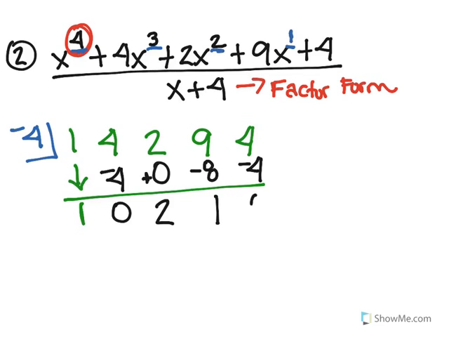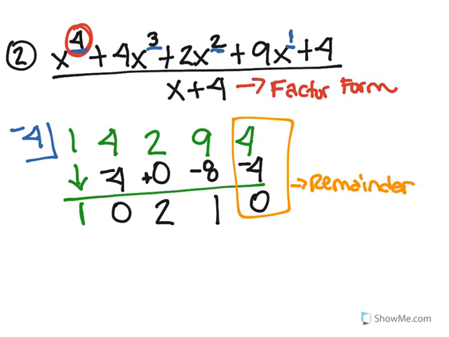And 4 minus 4 is 0. So again, this is considered your remainder column, and it's 0. So it does divide evenly. -4 is one of the answers to the top polynomial.